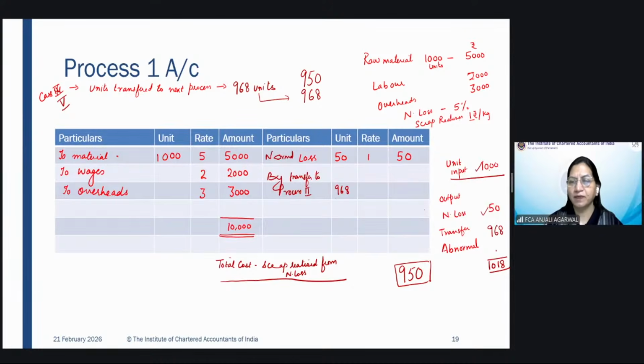But this does not mean that 18 units have come up from somewhere. What it means is that the labor has done work effectively. And though we had expected them to lose 50 units, they were careful. They dealt with the raw material in a proper manner. They did their production properly. So there is an abnormal effectiveness or abnormal gain. How much? 18 units are extra.